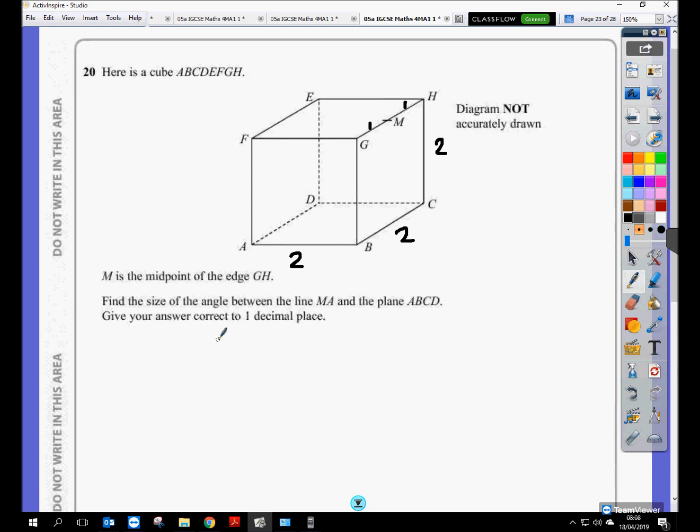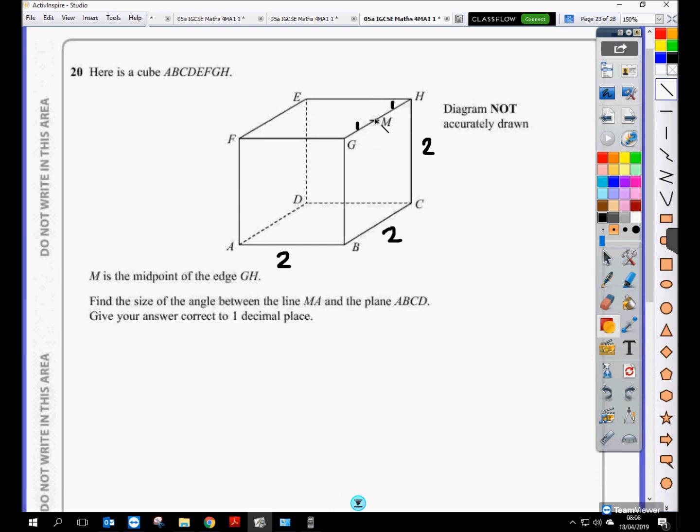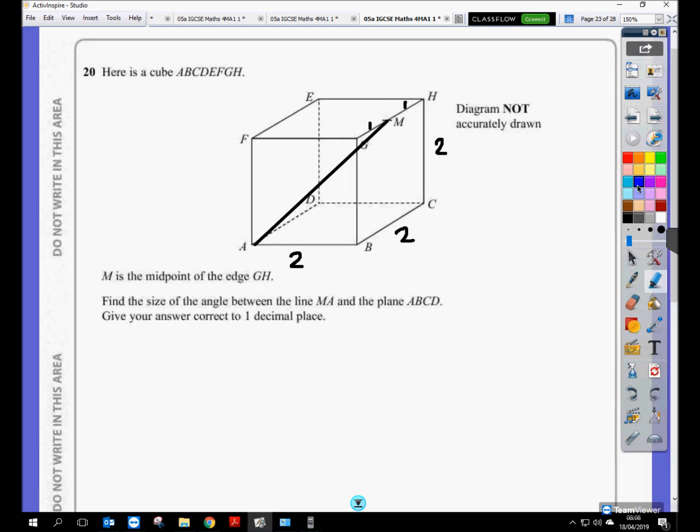Now what I'm looking for is the angle that's made between the line MA, which is here, and the plane ABCD. So if we shade the plane, yep, it's this plane here.